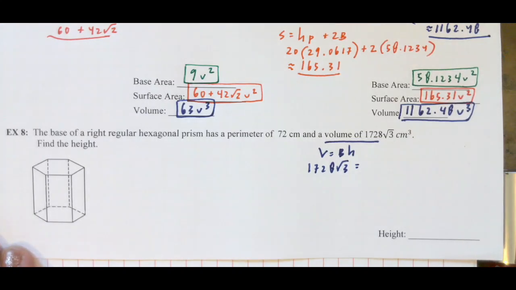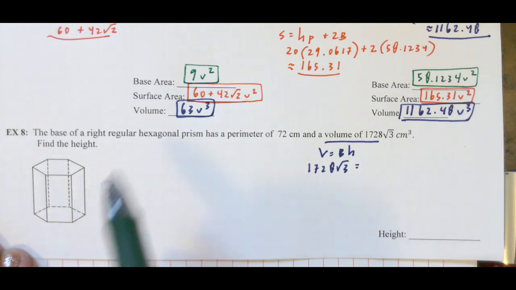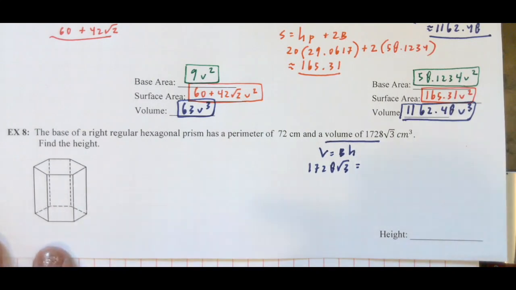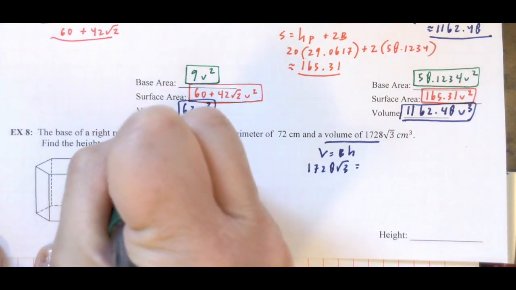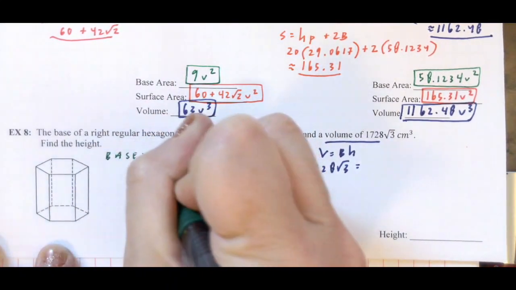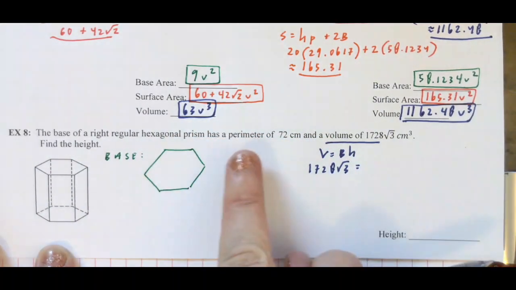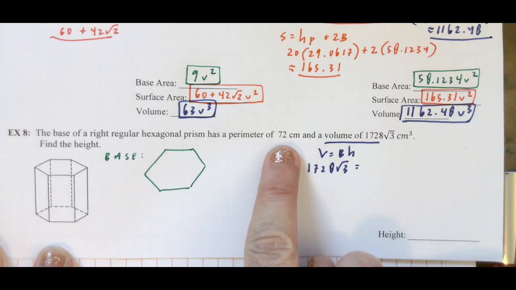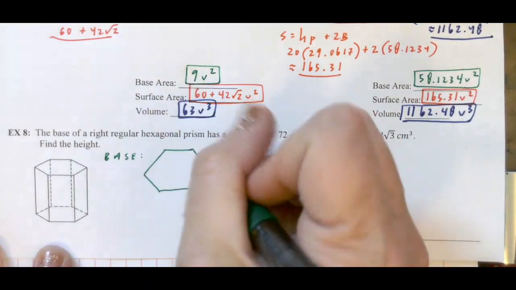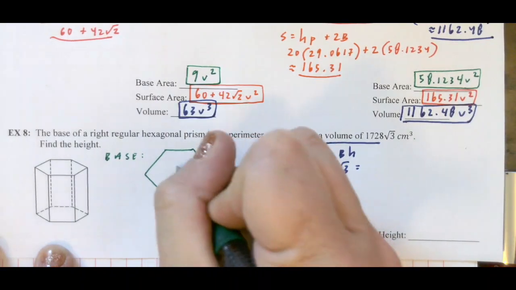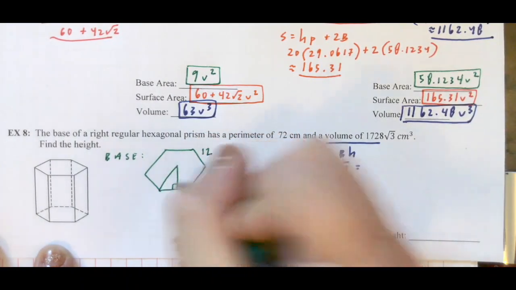So I'm going to need to figure out what my base area is, and I have enough information to do so. My base is a regular hexagon, and I know its perimeter. So let me sketch out that base. If my perimeter is 72, if I divide that 6 ways, each side is 12. Draw in the apothem and a radius like so.